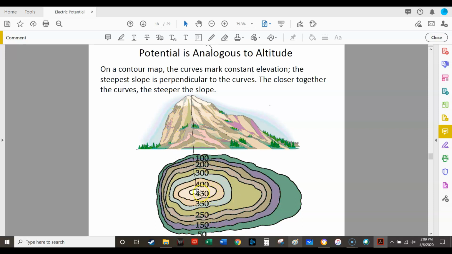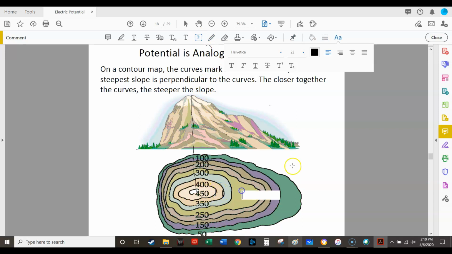So in a topo map, things are divided up in the height by feet, and you could tell me right now what the change in voltage is between each line. So what's the change in voltage between this point right here and this point right here? Well, this is 400 feet, and this is 350 feet. So this looks like a difference of about 30.